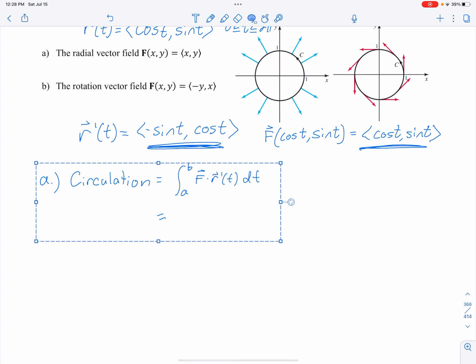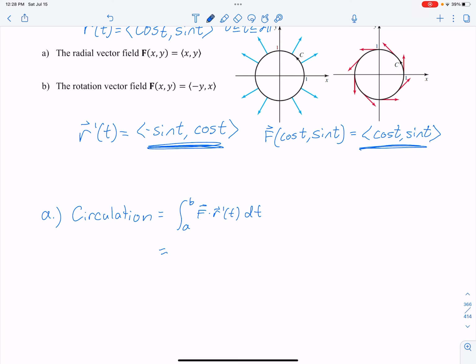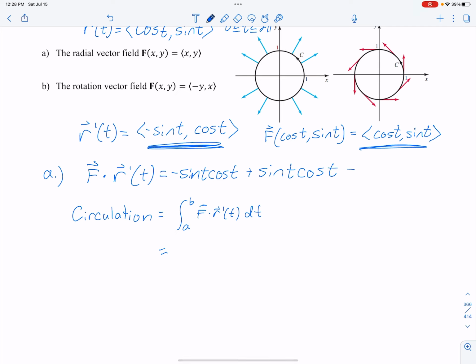F dotted with r prime is equal to negative sine t cosine t, don't forget your arguments, plus sine t cosine t. And that gets me a 0. So the integral runs from t equals 0 to t equals 2 pi of 0 dt, and that equals 0.